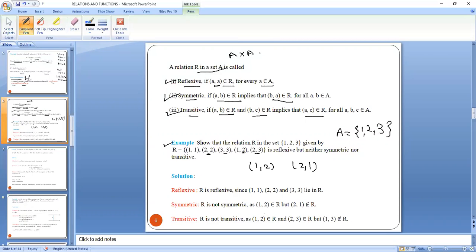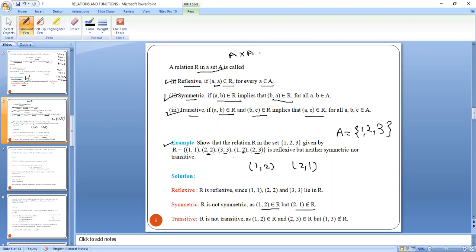R is not symmetric as (1, 2) belongs to R, but (2, 1) does not belong to R. (2, 1) is not anywhere in the relation. So (2, 1) does not belong to R. Therefore, the relation is not symmetric.